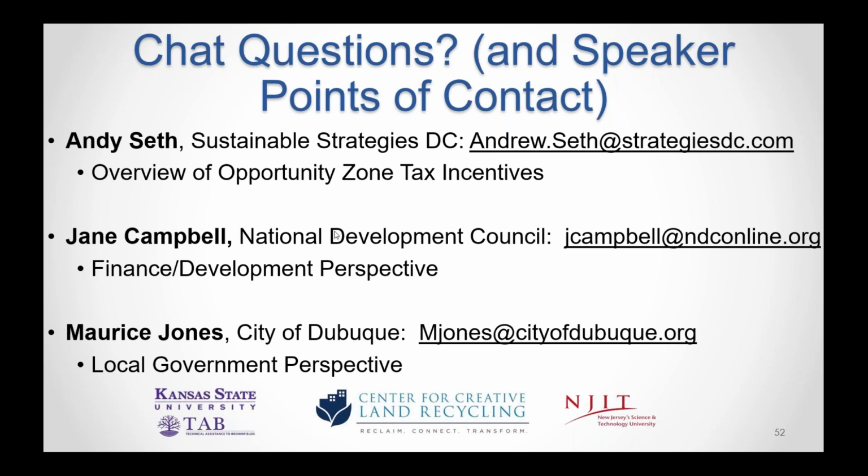Gotcha. There were a couple of questions I saw on mapping and figuring out which census tracts are in eligibility. I provided a link, Jane provided a link, and you can also Google Opportunity Zone maps. There are other maps out there. But if you go to one of those maps, type in your city, what most of the maps do is color code those census tracts by eligibility.